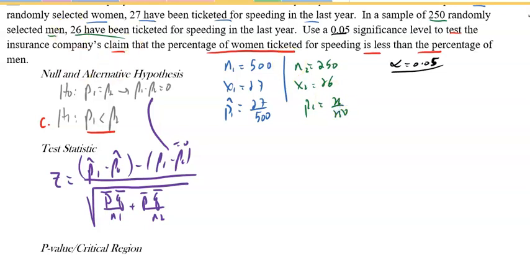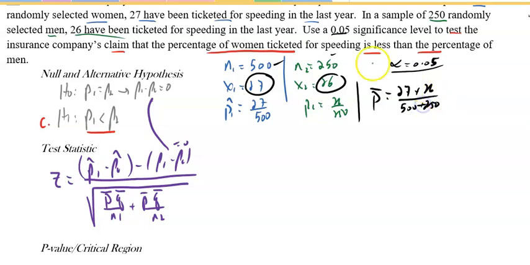So, now I need to find this P bar, that is x1 plus x2 divided by the sum of 500 and 250. Of course, we could plug all of that in a calculator and figure out what those are in decimals, or we could just do it one shot. It's kind of a lot of work, but it's all good.